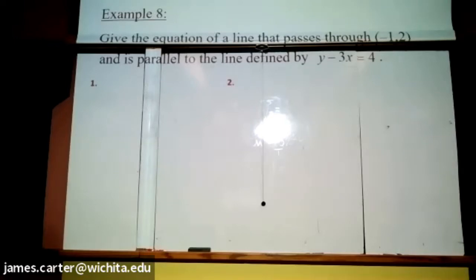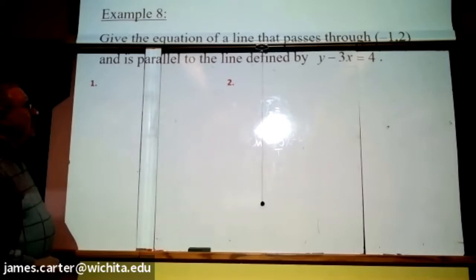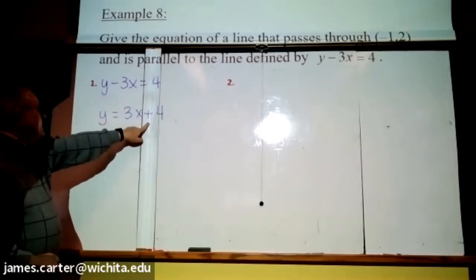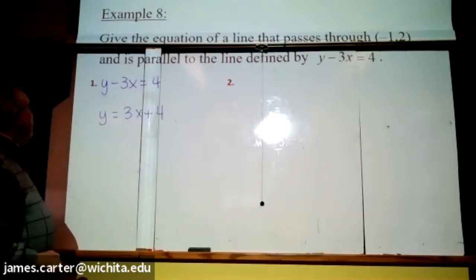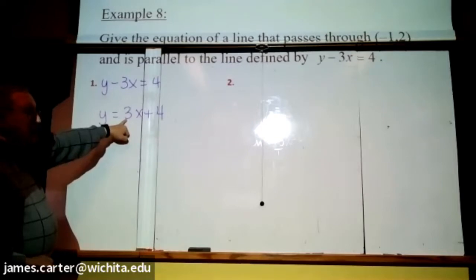Give the equation that goes through the point negative 1, 2, and is parallel to the line determined by y minus 3x equals 4. Okay. First thing I do is I put this in slope-intercept form. I can see here that my slope is positive 3.